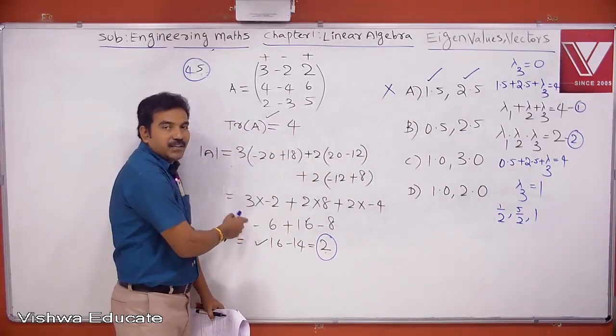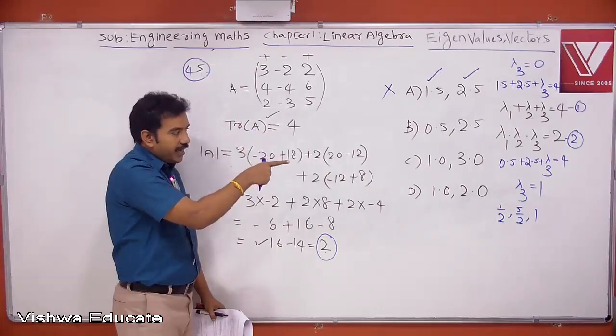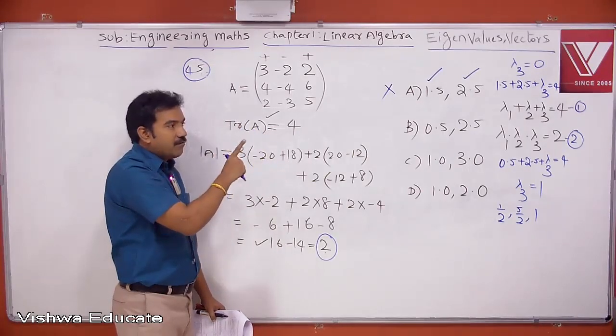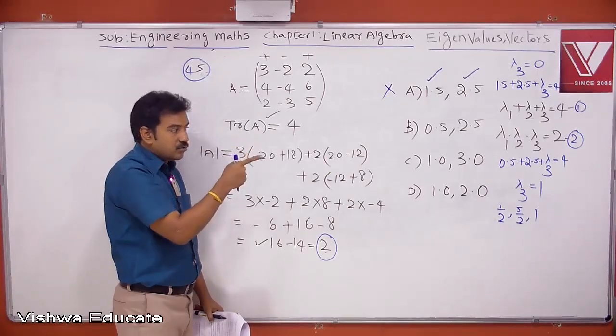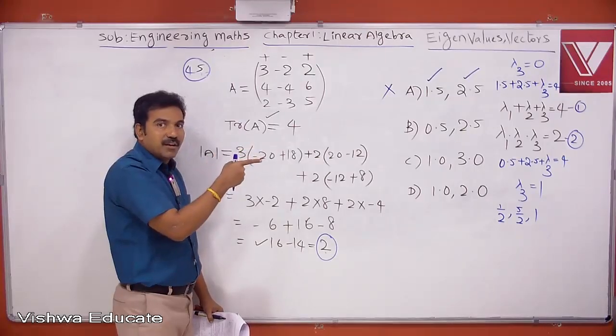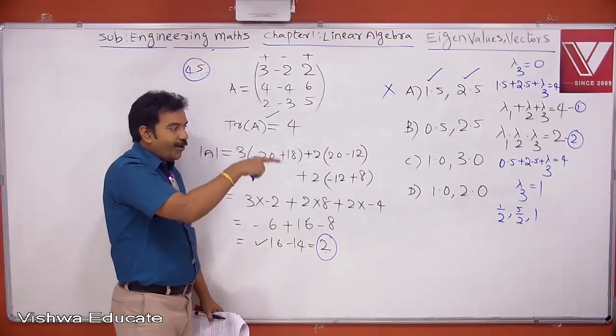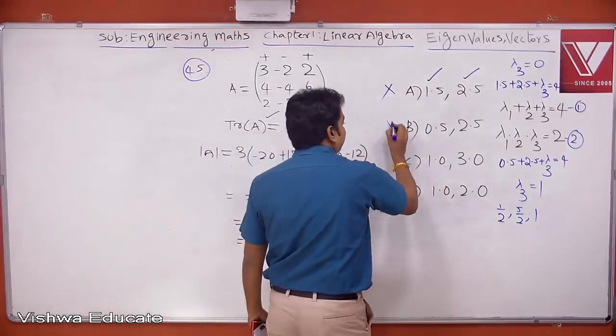If B is the right option, the third eigenvalue is 1, and when you multiply all three eigenvalues, we are not getting 2. Therefore, B is the wrong answer.